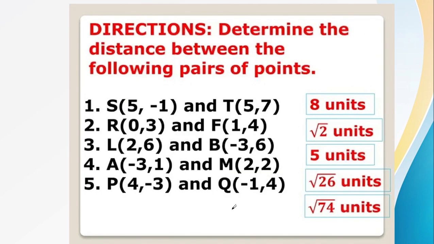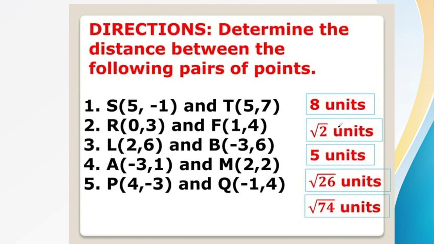Okay, so we also have here mga distance na kinahanglan nato pangitaon between the following pairs of points. So, we have here 5, negative 1, and 5, 7. The answer to this is 8 units. For number 2, the answer is square root of 2.